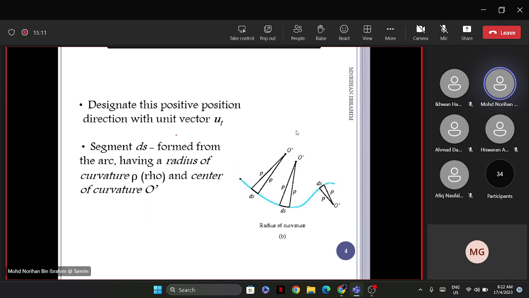Segment ds represents the displacement which occurs on this particle P. It's formed from an arc having a radius of curvature, which is designated as rho. And O prime is actually the center of curvature.